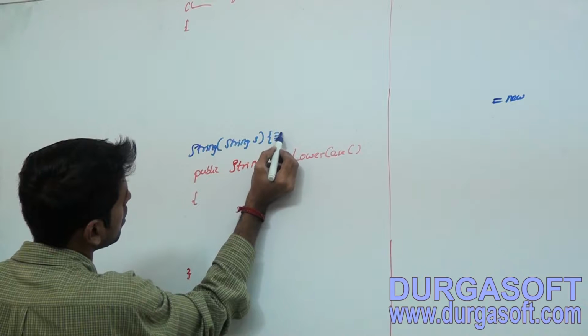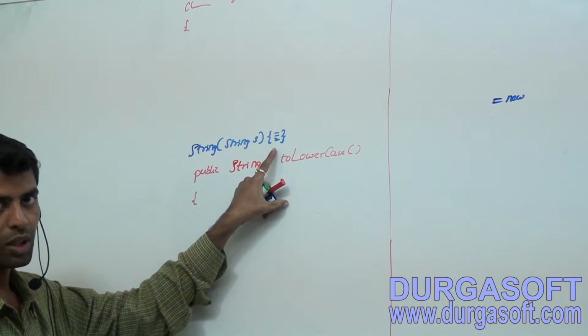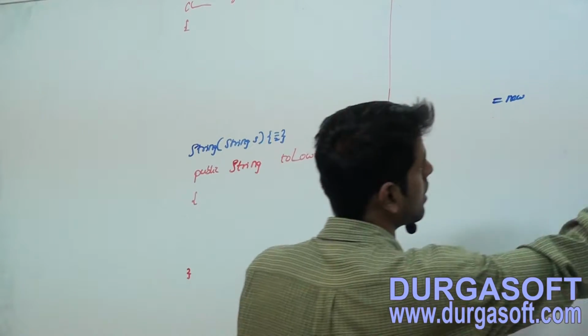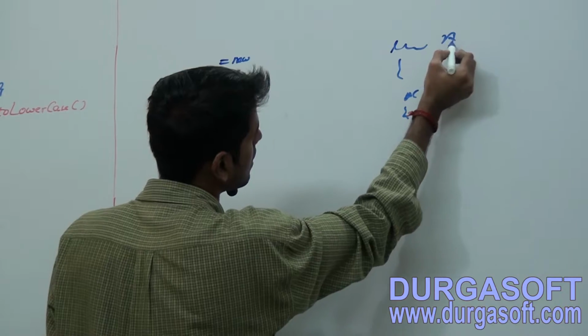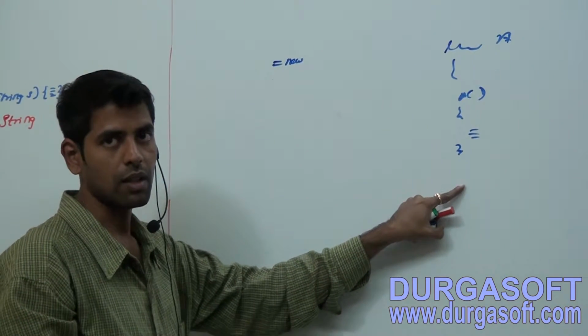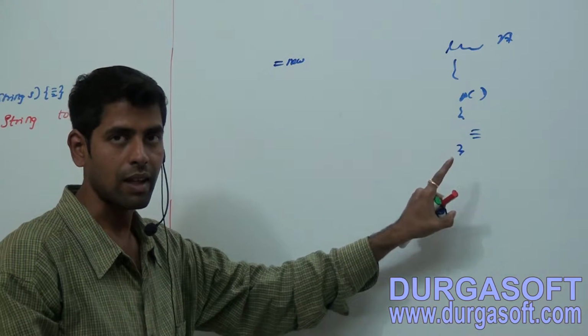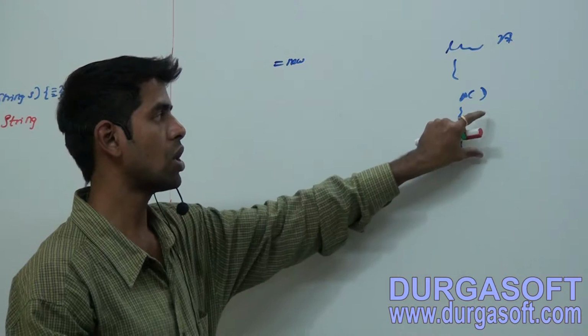Now observe here, it's having some implementation. Think that if you are having a class A, a no argument constructor, I can write some implementation right here. Yes, I can write any wanted implementation, my own logic I can write here.